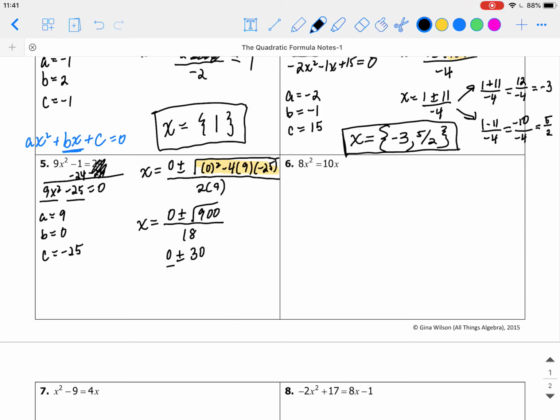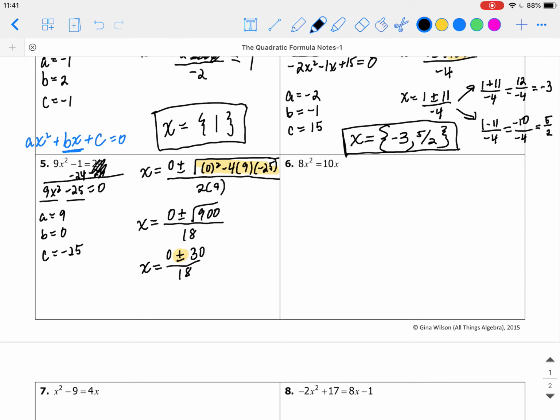Nice. Okay. A couple of you are probably wondering, hey, Miss A, why do you keep writing 0 all these times? Well, the reason why I'm still writing 0 here is because I don't want you guys to forget that this plus or minus is still existing there, because that plus or minus is really going to actually affect the 30.